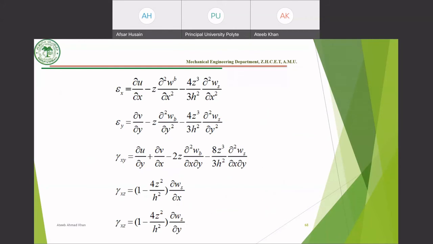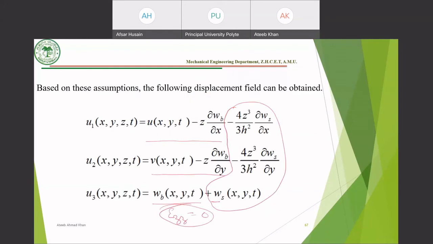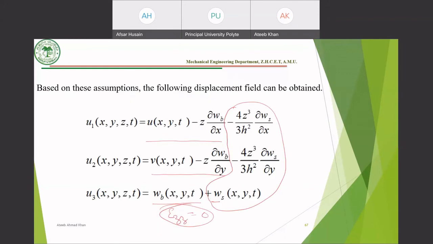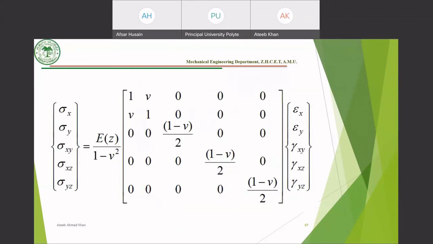We haven't done anything special. Basically, we have differentiated these displacement fields with the respective differentials to get the epsilon x, y, and the other components. Again, you can see that epsilon zz is not shown here because epsilon z will be equal to 0, as the transverse normal is not experiencing any elongation.